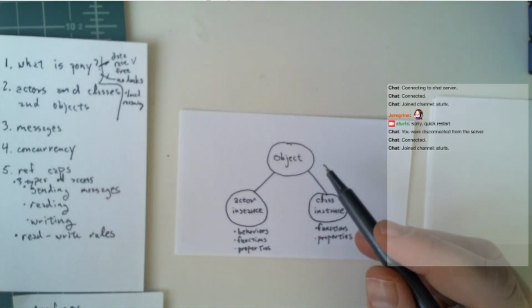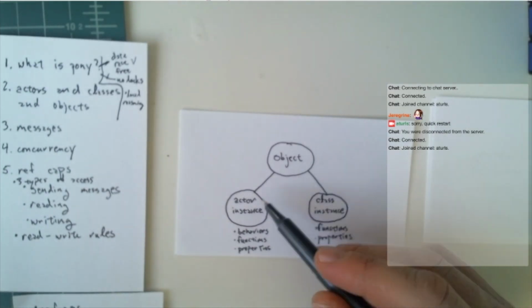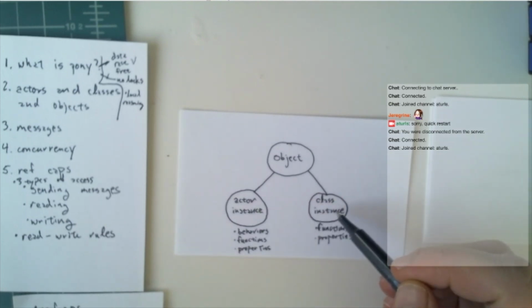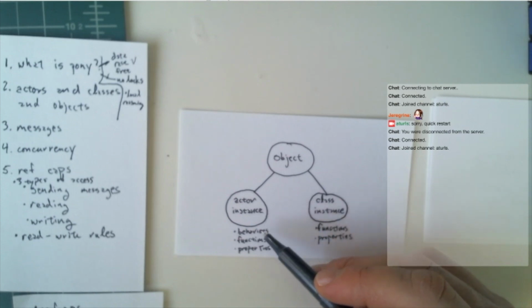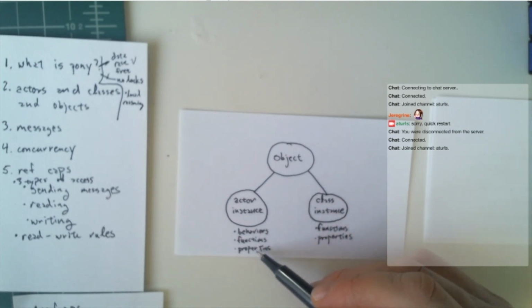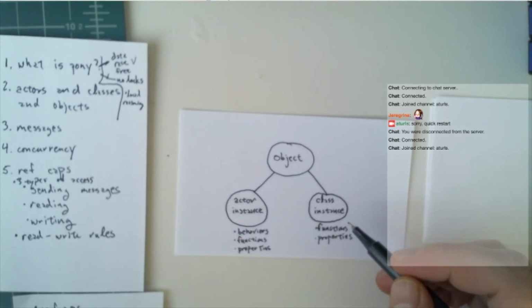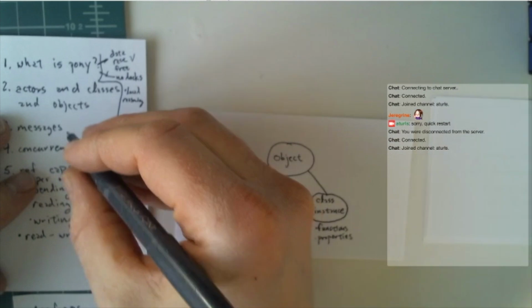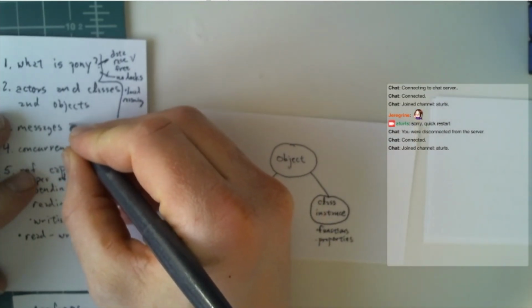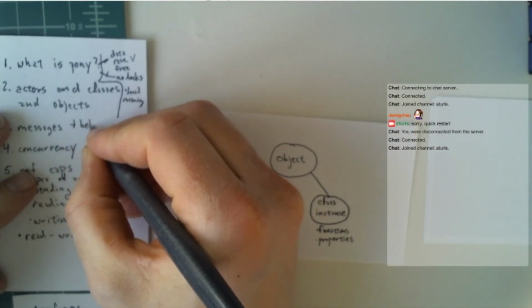So when we say object, we could be talking about an actor instance or a class instance. Actor instances can have behaviors, functions, and properties. Class instances can have functions and properties, but they can't have behaviors. Actually, this part here is really messages and behaviors.